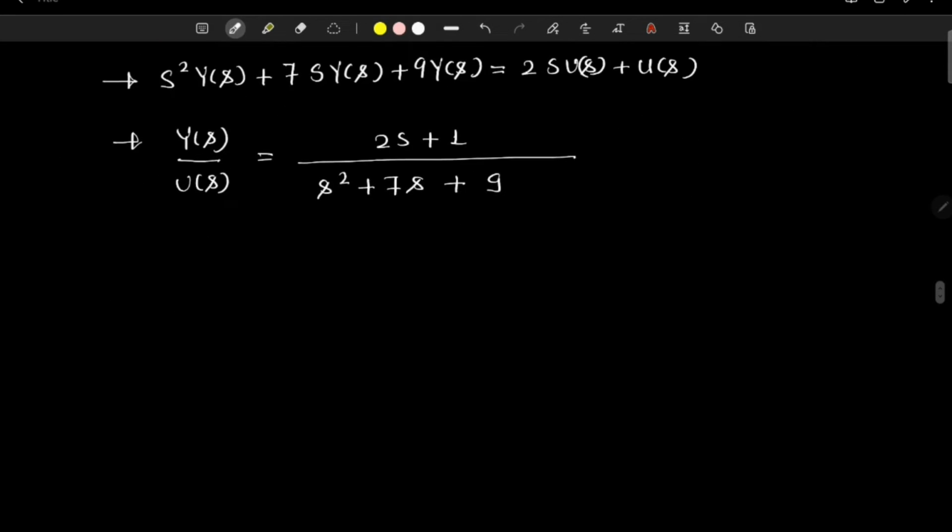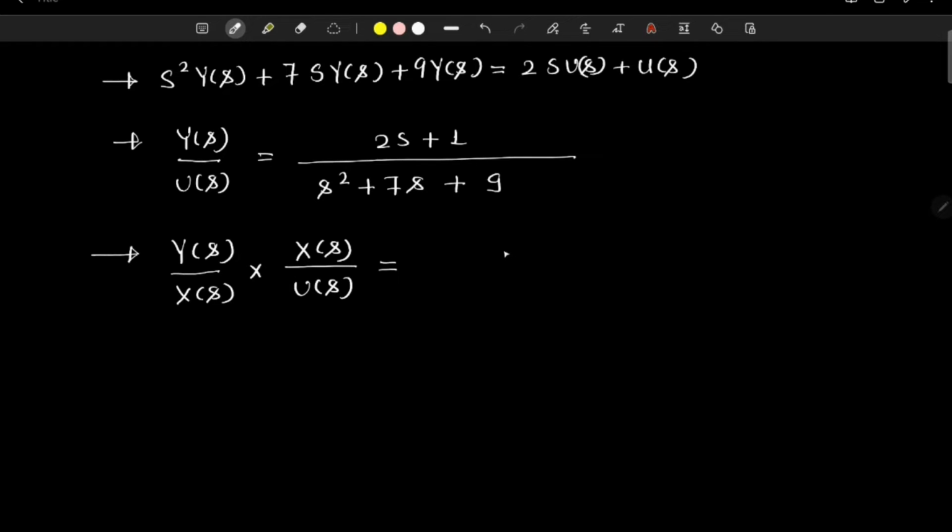Now I will transform this y of s by u of s in the form of y of s by x of s into x of s divided by u of s.